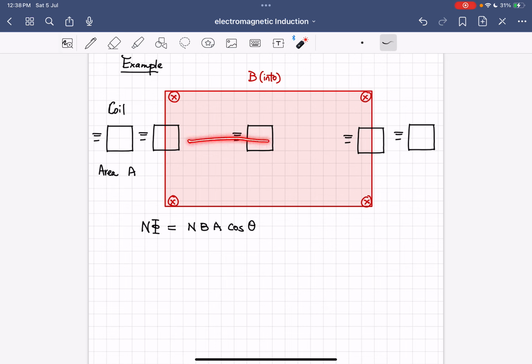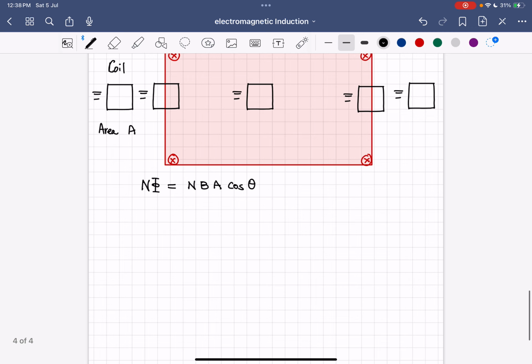Then when the coil is completely within the field, A does not change, because no matter where the coil is, the area inside the field remains unchanged. It only decreases when the coil is leaving, and it decreases to 0 when the coil is completely out of the field. So therefore, only A is changing.